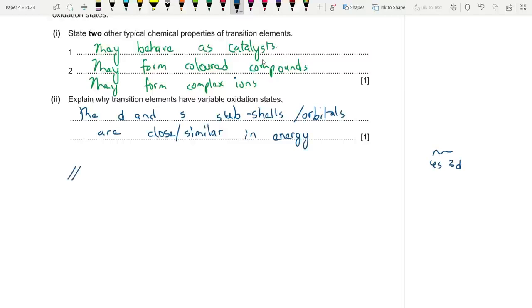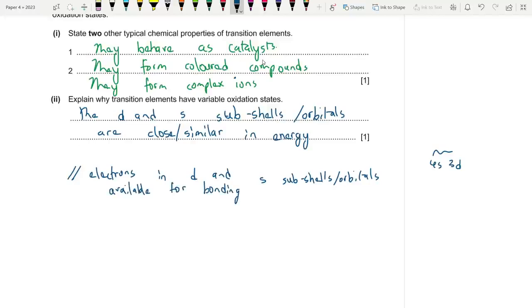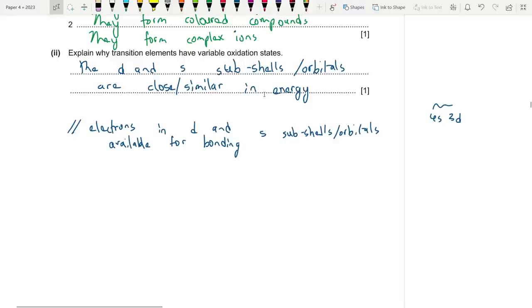There was an alternate answer available. You could say that the electrons in d and s subshells or orbitals are available for bonding. This is true in a sense. Like in the other elements, you don't have access to the d electrons, but here you do.